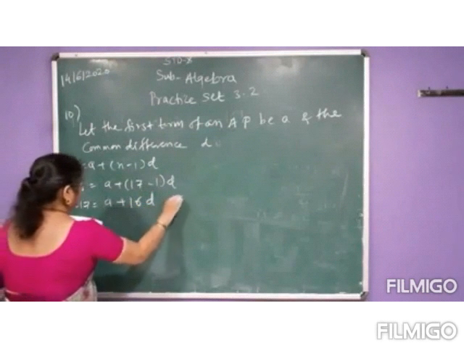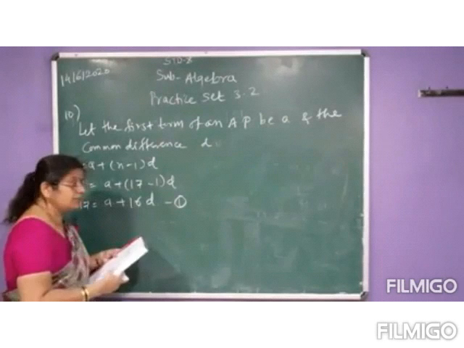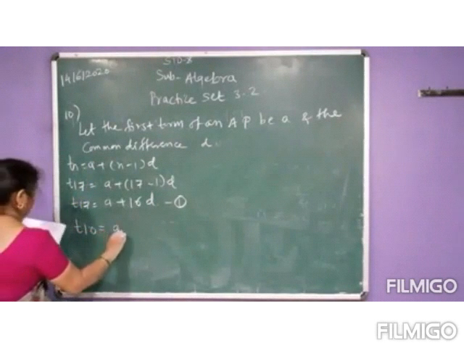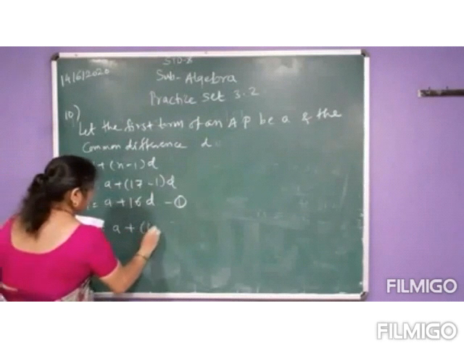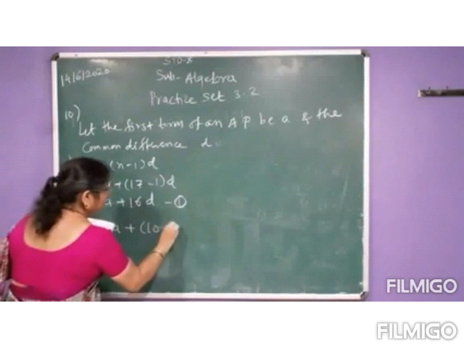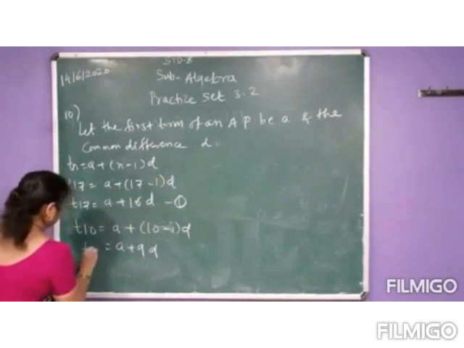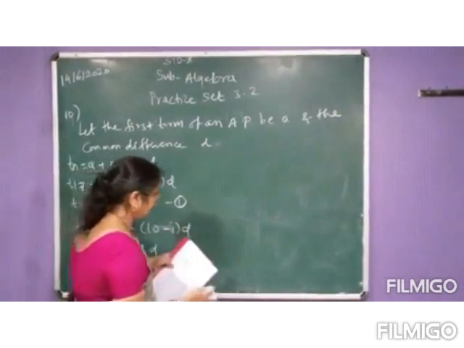This is your equation number 1. And then the 10th term. So T10 is equal to A plus 10 minus 1 into D, that is A plus 9D. This is your equation number 2.